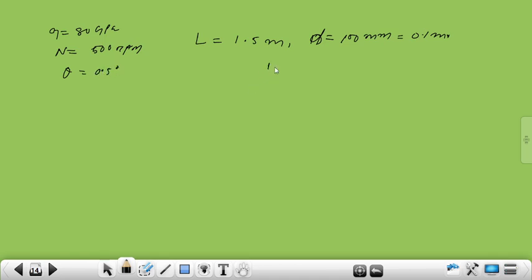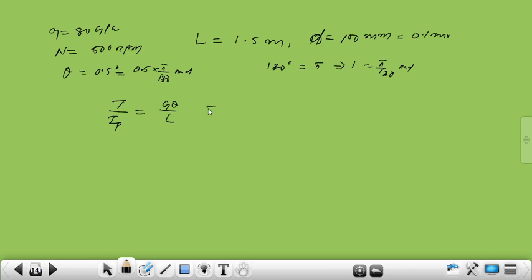We know 180 degree is pi radian, so 1 degree is equal to pi by 180 radian. So 0.5 degree is equal to 0.5 into pi by 180 radian. So from the formula for twisting moment, we know T by Ip is equal to G theta by L.